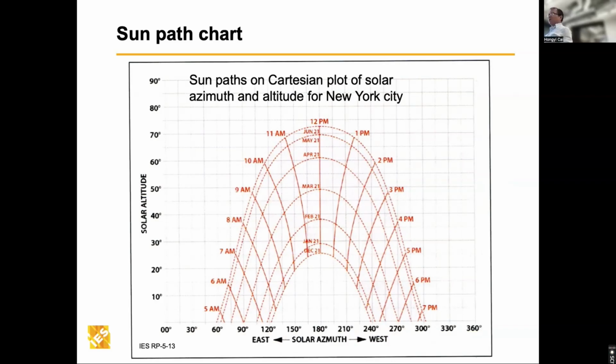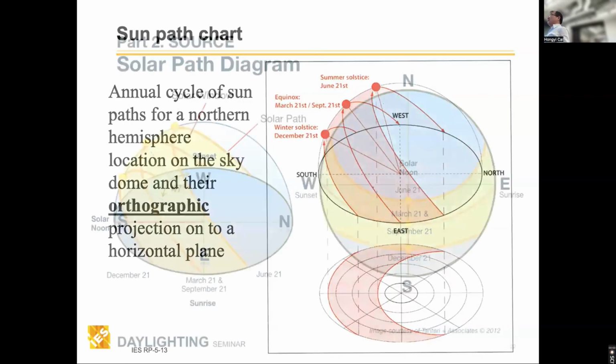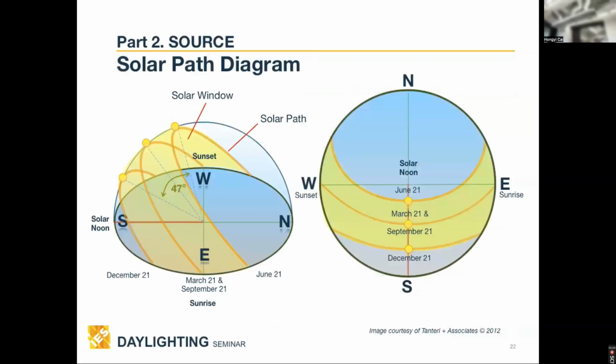If you use the polar, then you use just this kind of way. This will actually show the latitude, longitude, like you look at the Earth, right? And then you have the typical month, typical day. So your sun movement will be inside this highlighted area for this specific site. So this part is called the sun path chart in polar coordinates.